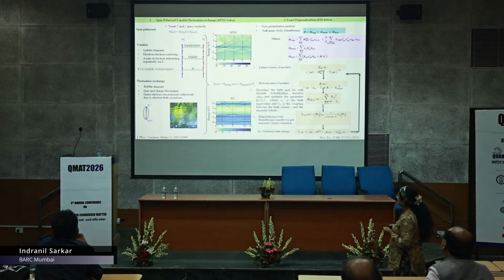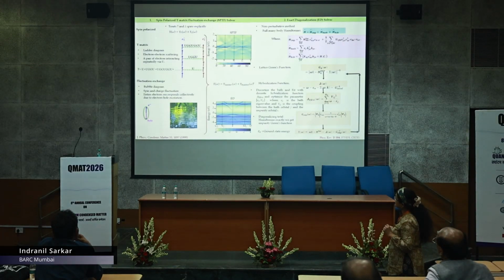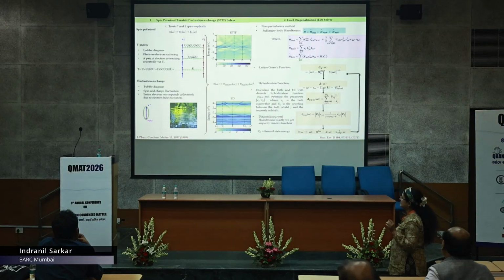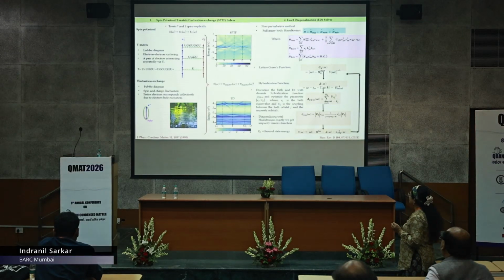It treats the spin up and spin down electrons explicitly, and the T-matrix is calculated by a ladder diagram, where the electron scatterings are calculated by a pair of electrons which interact repeatedly via this U, and these G are the perturbative propagators. You also calculate the fluctuation exchange, which gives the effect of the spin and the charge fluctuation. So the total self energy in SPTF calculation will be this ladder and then the bubble.